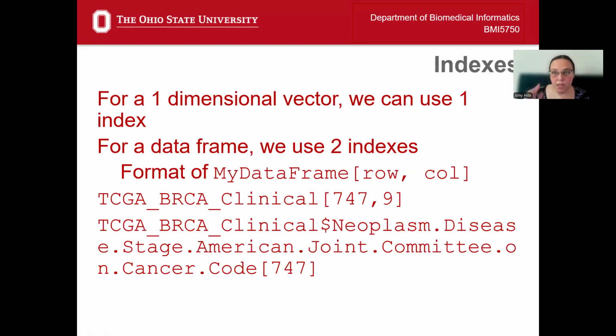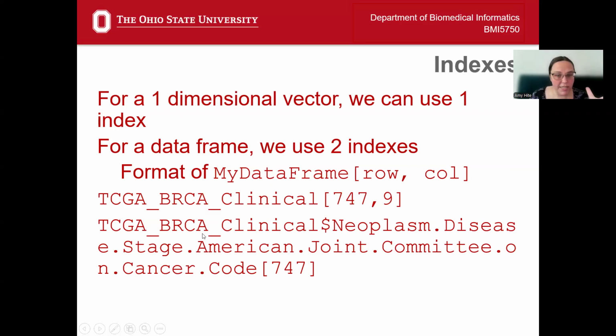Okay. We talked about indexes a little bit last Tuesday with a matrix. We can do the same thing with a data frame. We have this data frame name and then square brackets. We can refer to the row and column by number. It's a little tedious, but we can pull out the 747th row and the 9th column.